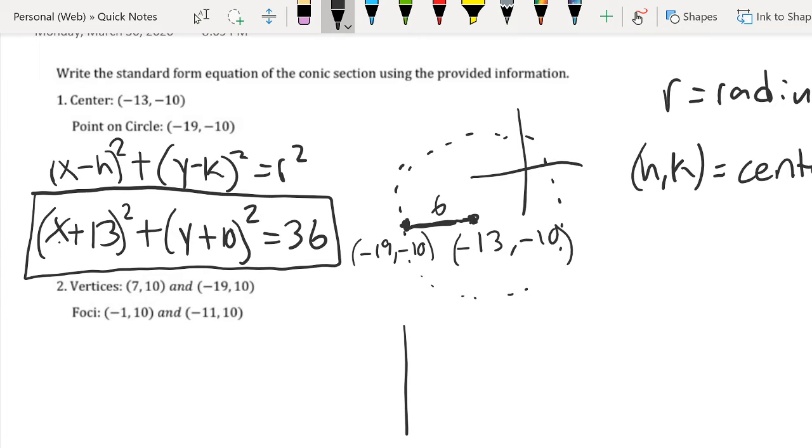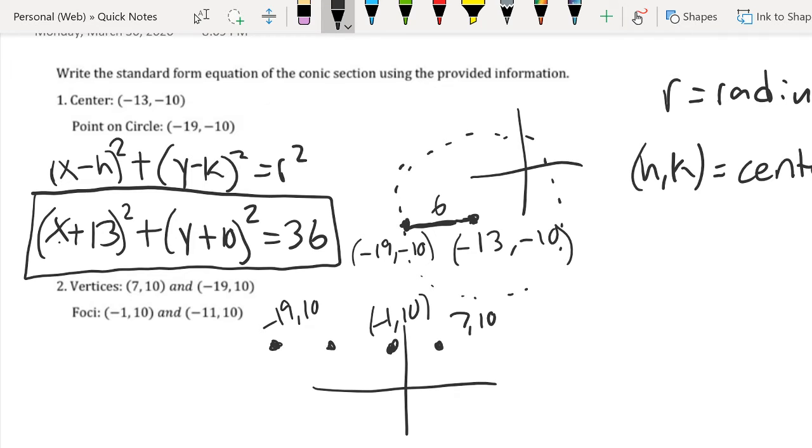Let's see if we can get a picture of what this looks like here. 7, 10, something like that maybe. And then negative 19, 10. That'd be way out over here somewhere. All right, so negative 19, 10, and 7, 10. And then negative 1, 10, something like right there. And negative 11, 10.